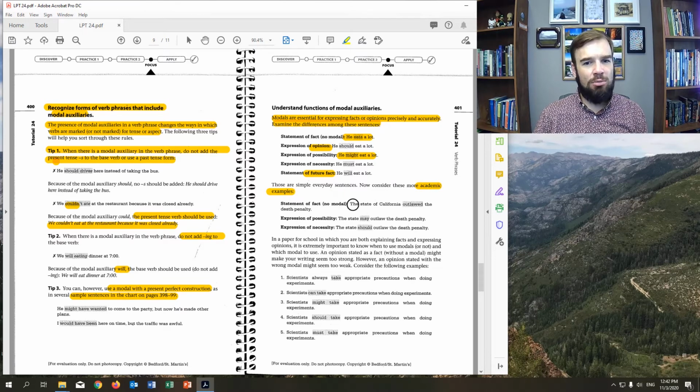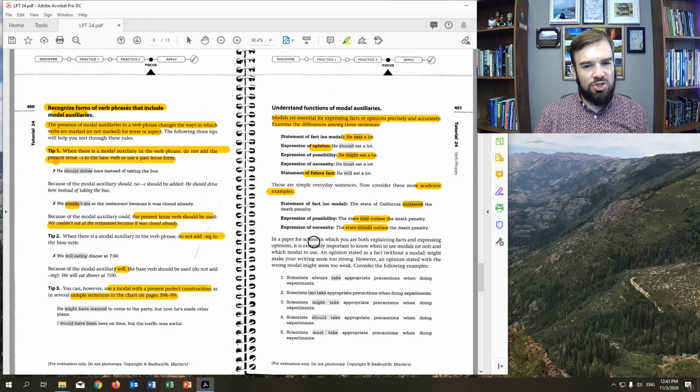So a statement of fact, no modal. The state of California outlawed the death penalty. Outlawed means banned, said no, stopped, said you could not do it. Expression of possibility, the state may outlaw the death penalty. Expression of necessity, the state should outlaw the death penalty.